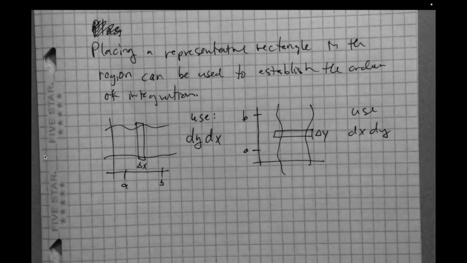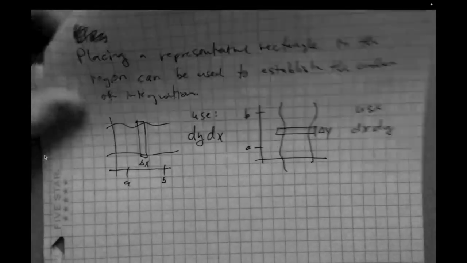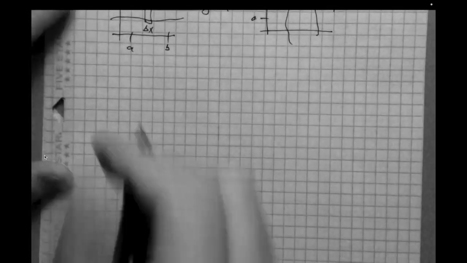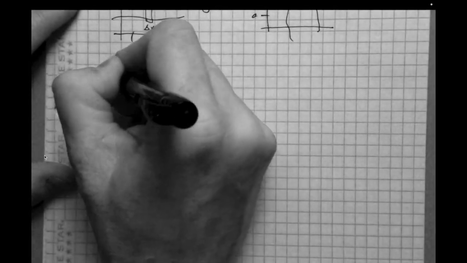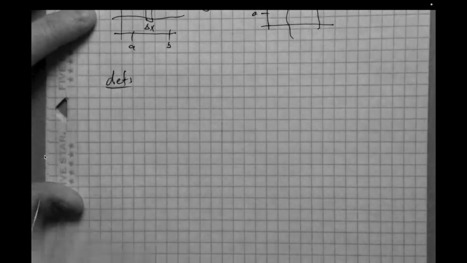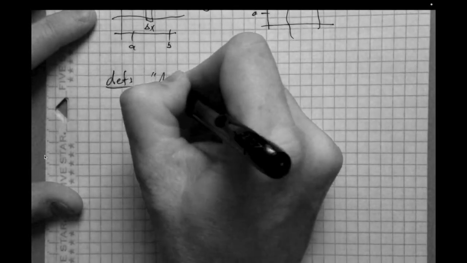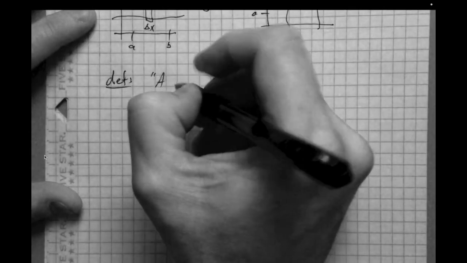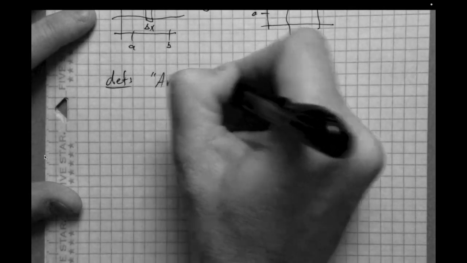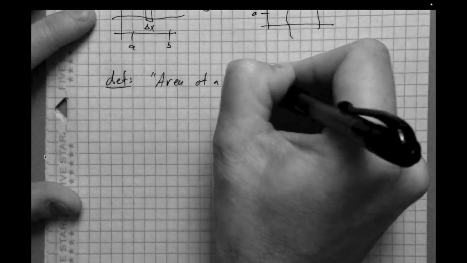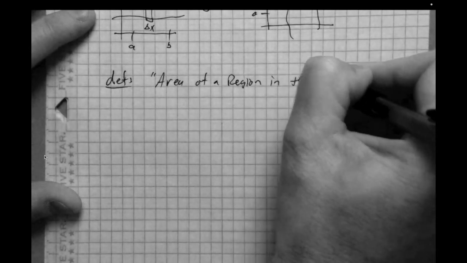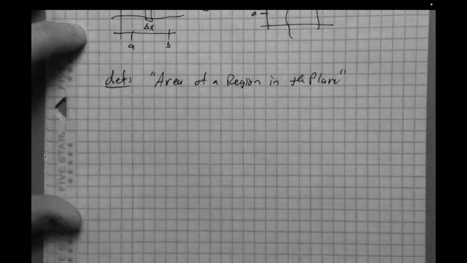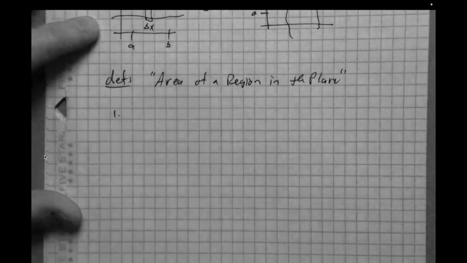Okay, and let's take this idea and make it just a little more formal by defining some of this a little bit tighter. So this will be the definition of the area of a region in the plane. Two scenarios.